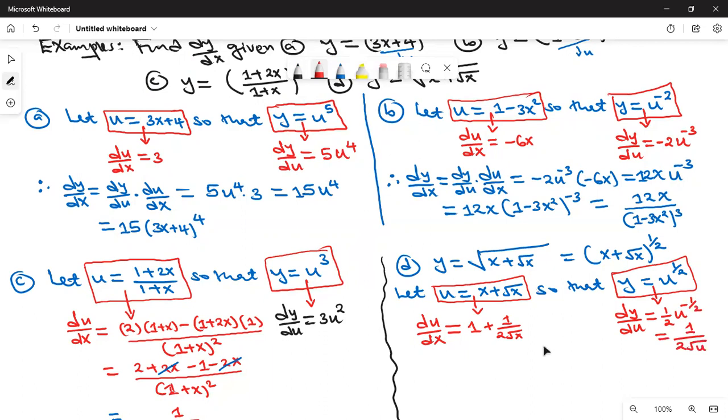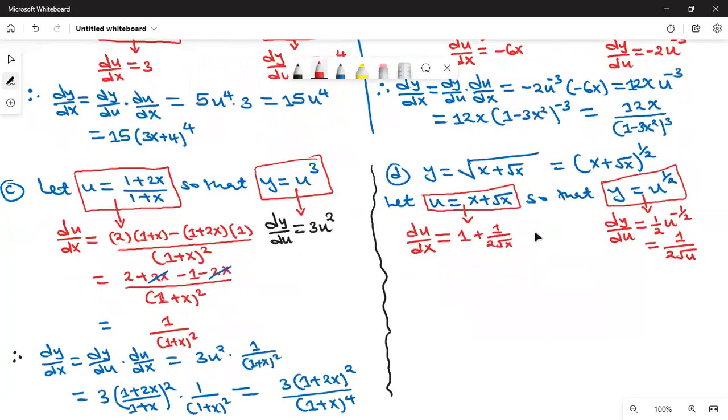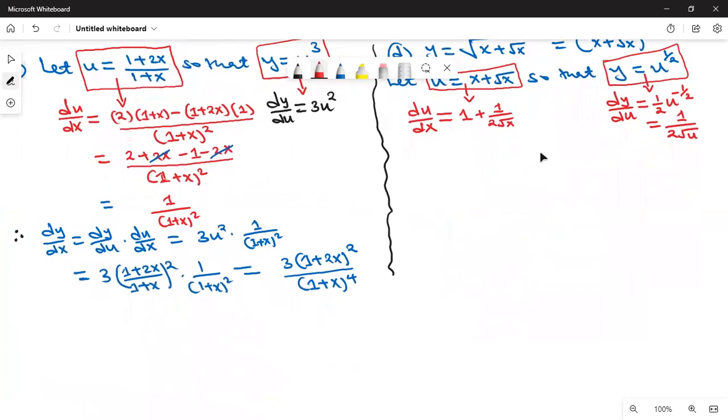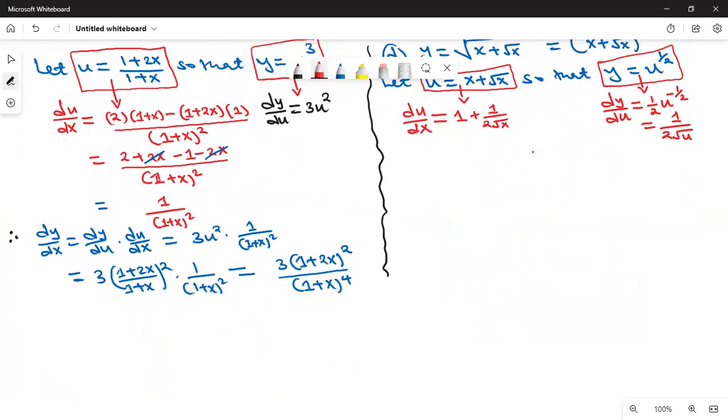So now we know those respective derivatives. So we can now apply the chain rule to get dy dx. Therefore, dy dx is the same as dy du times du dx, of which if you multiply, you get 1 over 2 root u times (1 plus 1 over 2 root x).